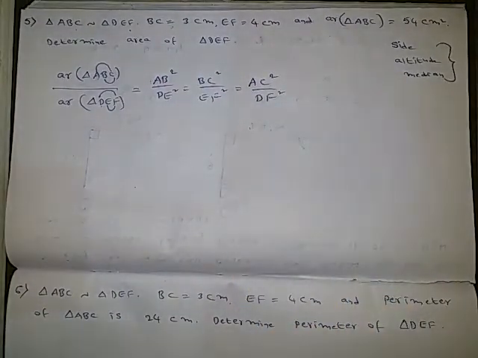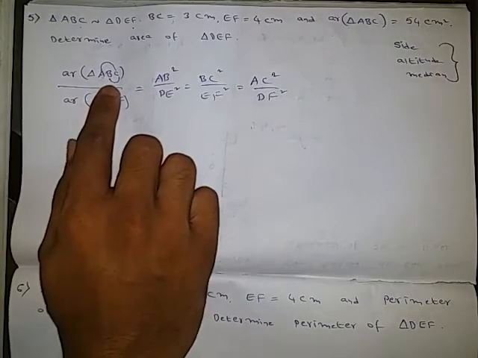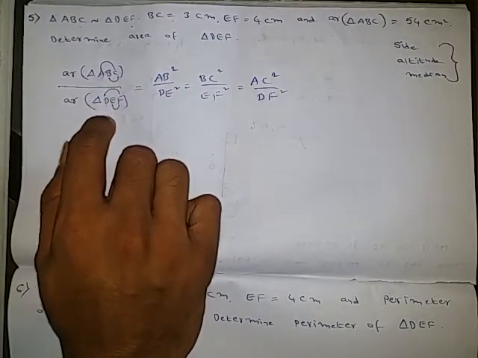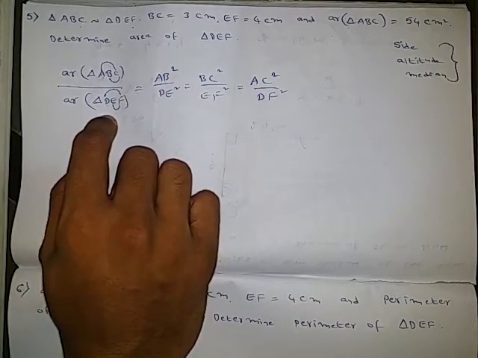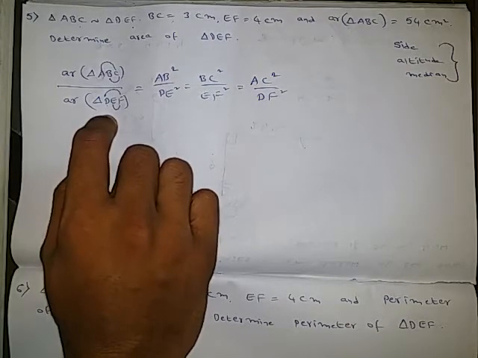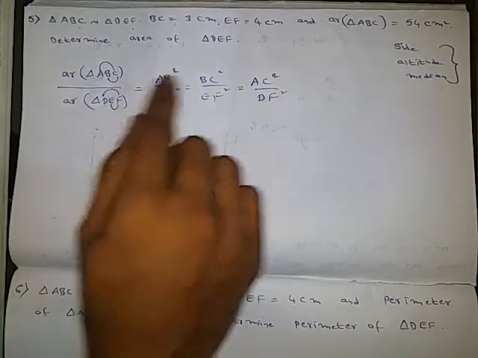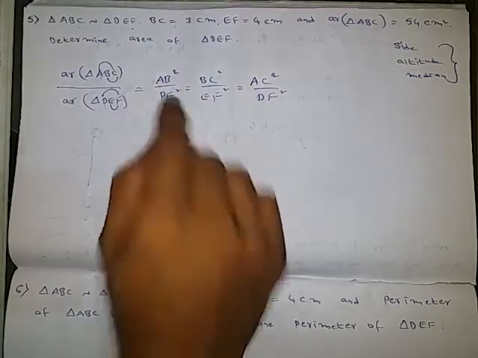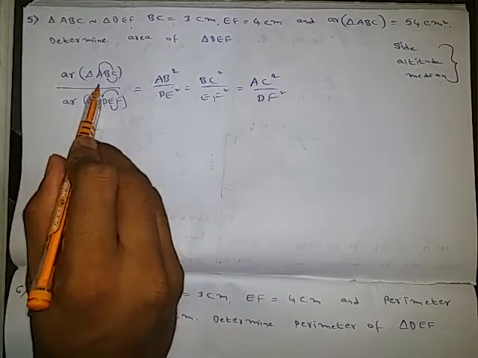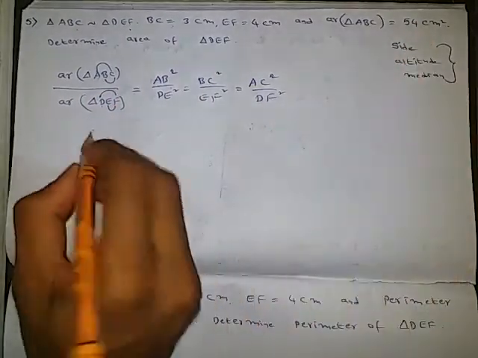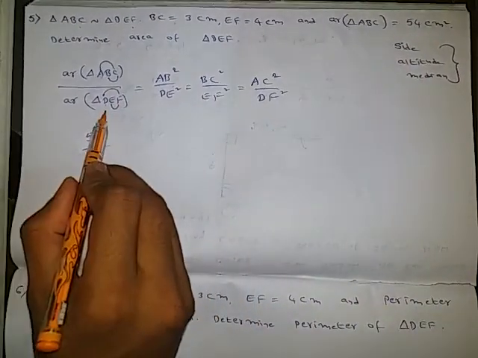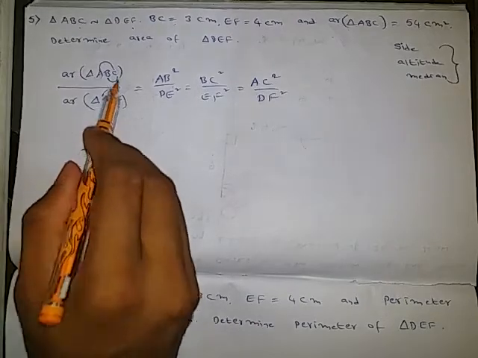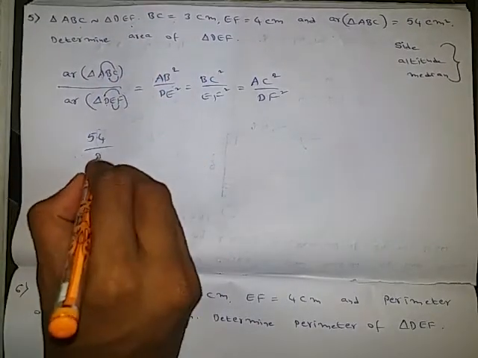It means the area of the first triangle divided by the area of the second triangle is equal to the ratio of the squares of the corresponding sides. So the area of triangle ABC is given as 54, divided by the area of triangle DEF, which we need to find out, so some constant x.